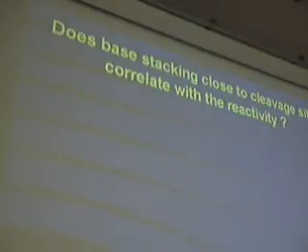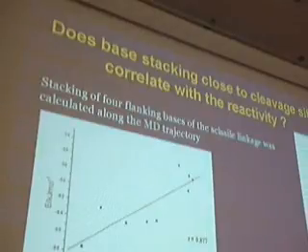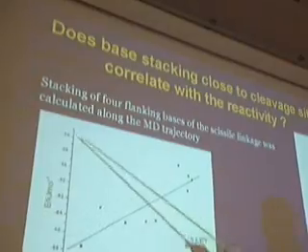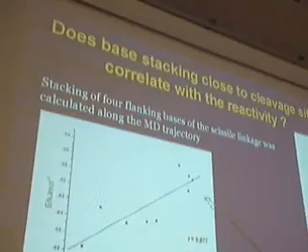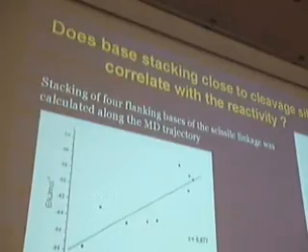Does base stacking then really correlate? To some extent, yes. The correlation is not fine, but here is the initial state base stacking at the cleavage site on the y-axis and on the x-axis the reactivity. There is some kind of correlation, but of course not very fine.